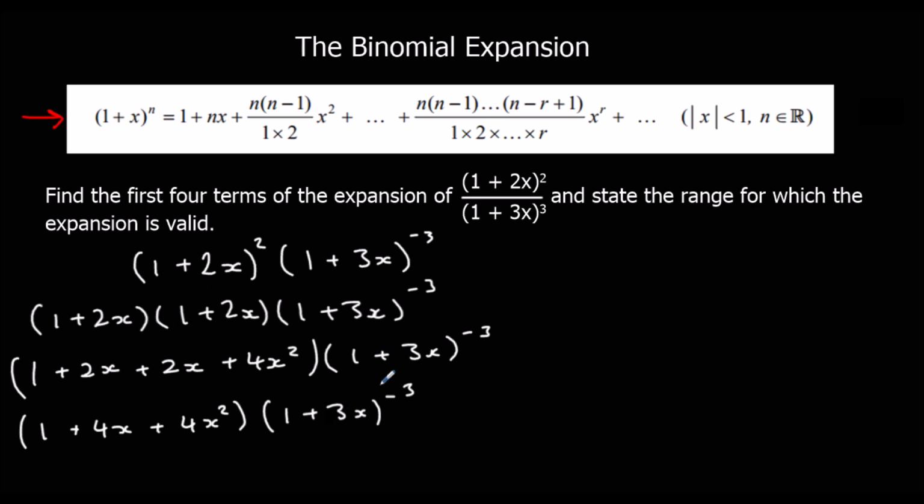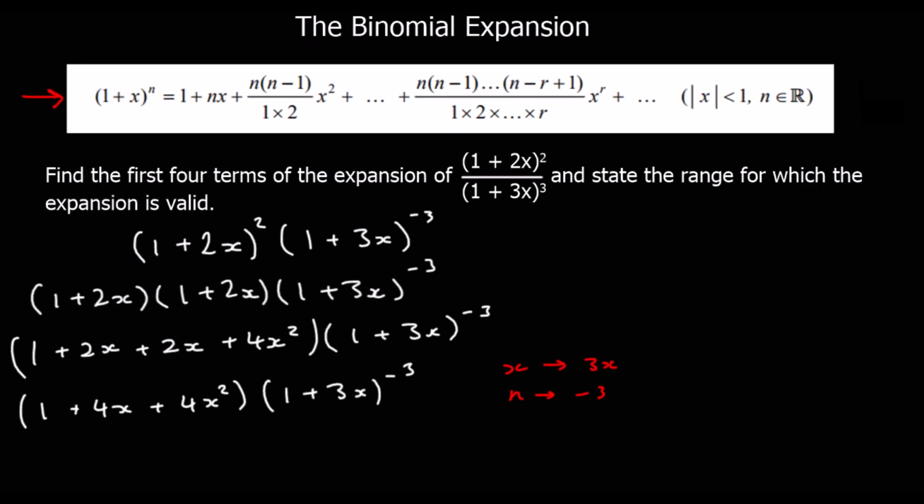So in our question, we're going to change the x into 3x, and we're going to change n into -3. Apart from that, we're just substituting in. We're finding the first four terms. So let's give that a go.